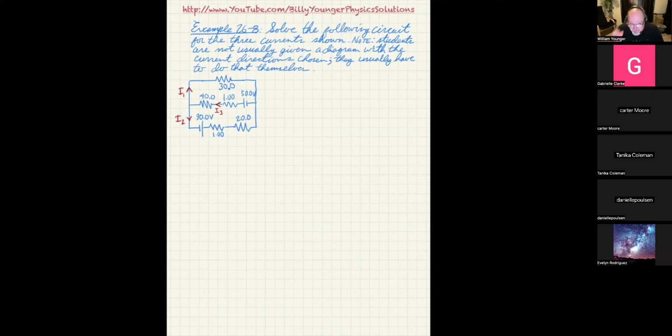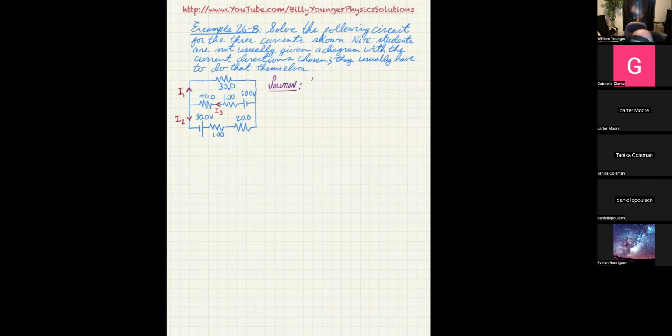So you should do that every time, but notice that if you're wrong, it's not a big deal. It's just going to come out negative when you do the math. And you just keep using that negative until you finish using all those equations. And then later you can maybe think about why it was negative instead of positive. But to do all this, I want to point out that we need Kirchhoff's rules. So here's our solution.